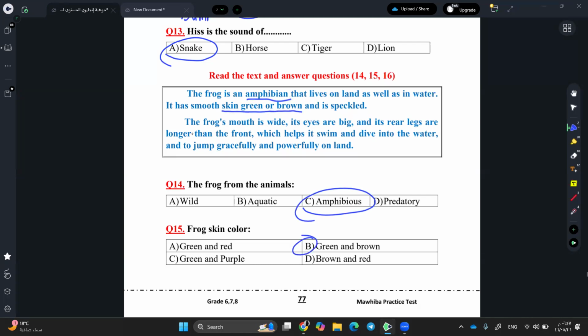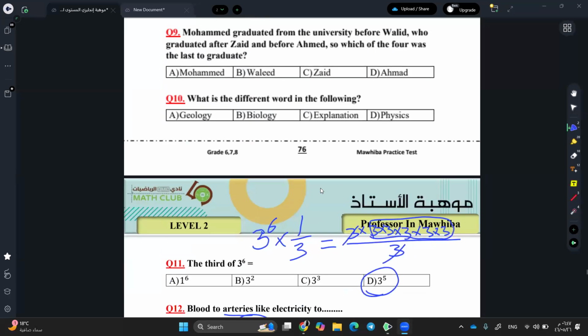Excellent. Green and brown. So it's a direct question from the text, like mentioned here, green and brown. Okay. Which question?